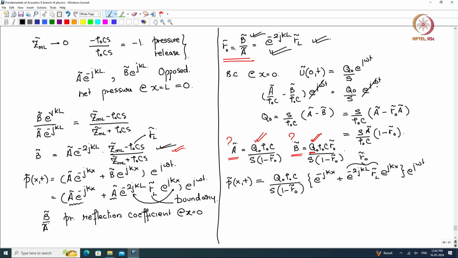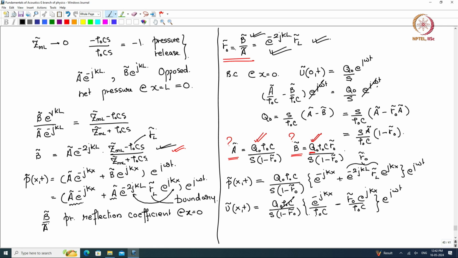Similarly the particle velocity u tilde (x, t) is given by Q0 rho 0 c by S into 1 minus R tilde 0, and because these are plane waves, it's e to the power of minus jkx divided by rho 0 c, and a minus R0 tilde e to the power of jkx by rho 0 c, times e to the power of j omega t.